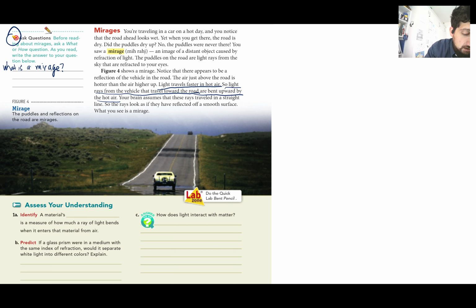And the answer to that is, it is an image of a distant object caused by refraction of light.